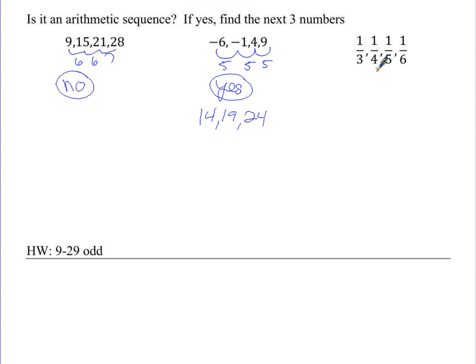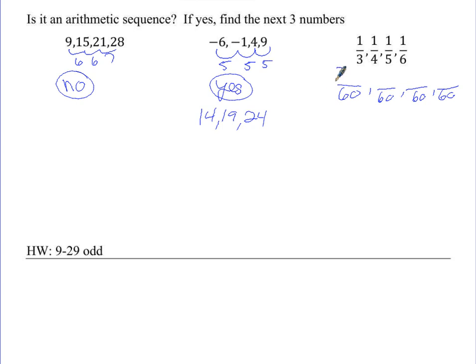In order to find out if this is an arithmetic sequence, what do we have to do? Common denominator. So what is the common denominator of 3, 4, 5, and 6 going to be? 60. Yep. So everything has to be divided by 60. It's not that bad. 3 times what gives me 60? 20.